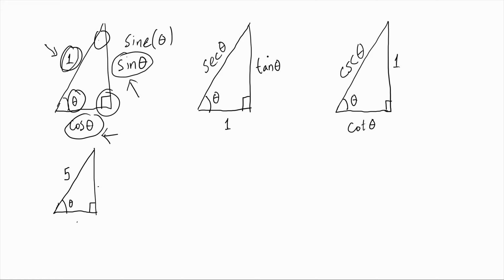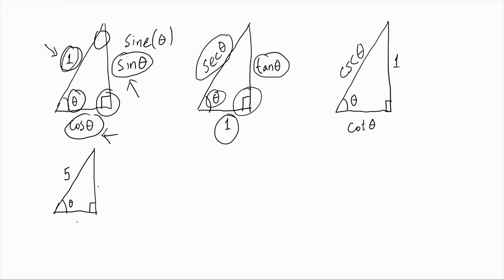So this length is going to be a function of theta. That's why I write tangent of theta. And it is well determined if I know this and I have that side length here. Maybe I don't know what it is exactly, especially if this is arbitrary, but this will be a function, tangent of theta. Likewise, this is a function, secant of theta.